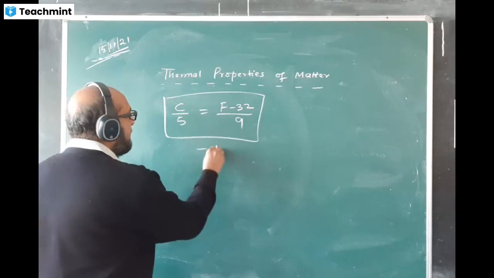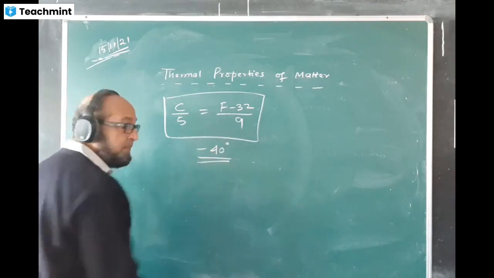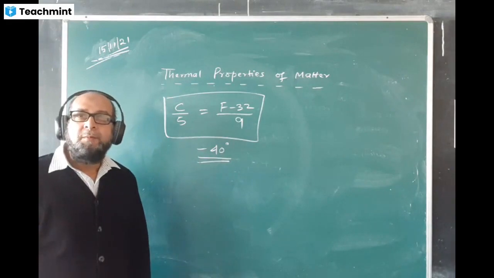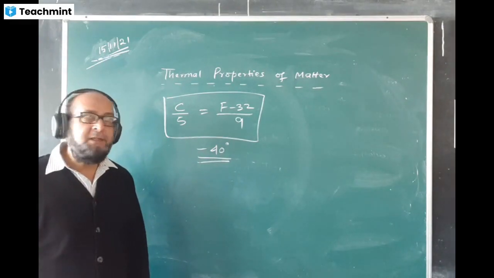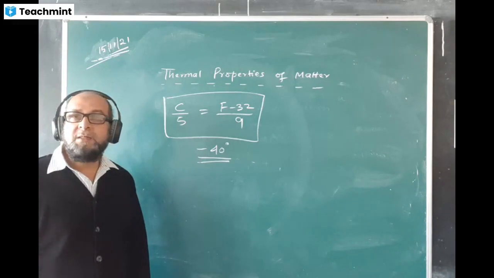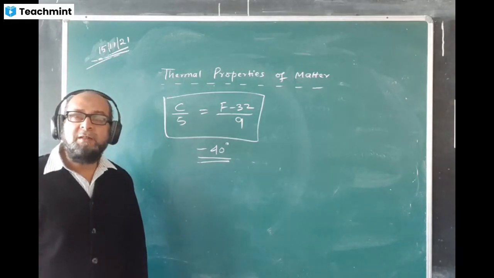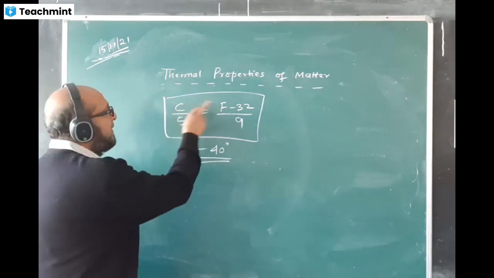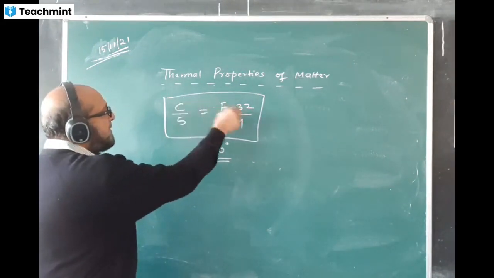The answer is minus 40 degrees. You have done this in the lower class also. At minus 40 degrees Celsius and Fahrenheit, this is the temperature. It is very easy to calculate: the C value and F value are equal, so you can take each one as X and calculate it.